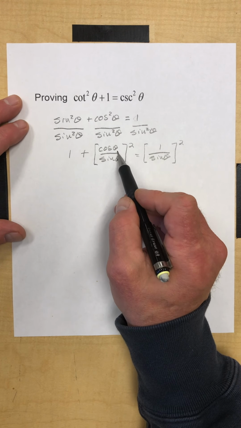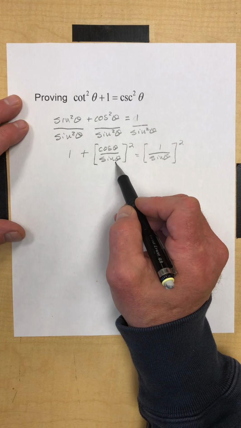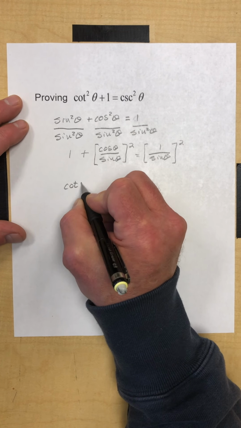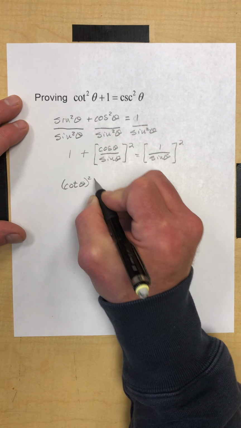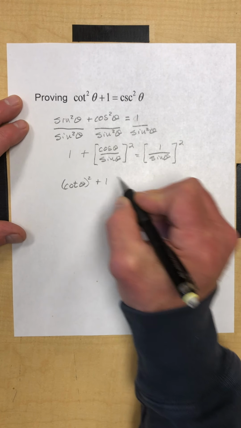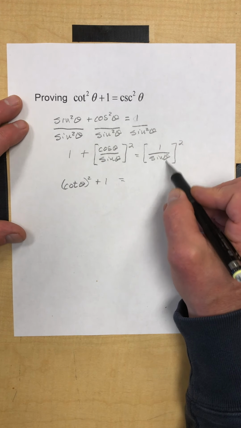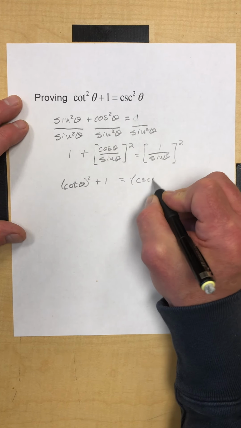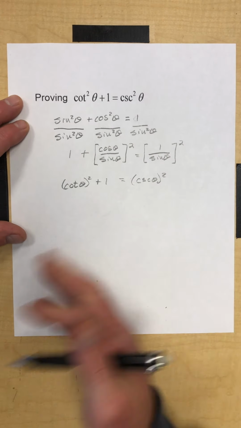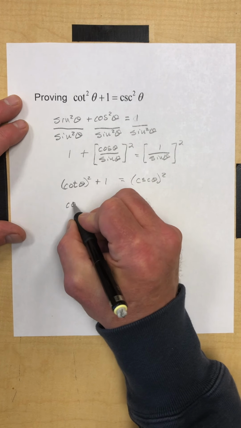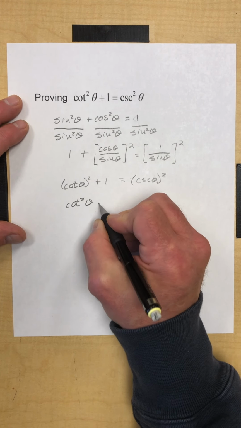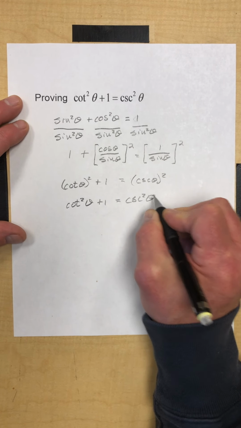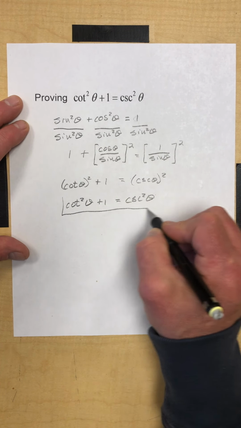Cosine over sine is cotangent, so cotangent theta squared, bring down your plus 1, equals 1 over sine squared. The reciprocal of sine is cosecant, so that would be the cosecant of theta squared. We would write that as cotangent squared of theta plus 1 equals cosecant squared of theta, and you have your last Pythagorean identity.